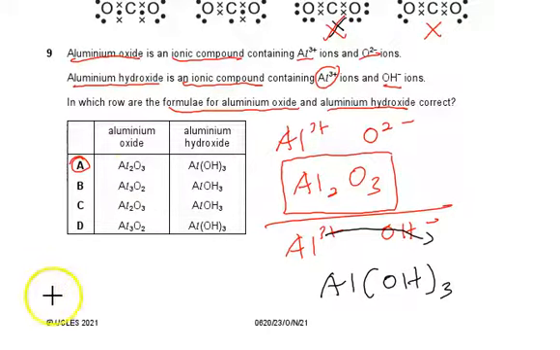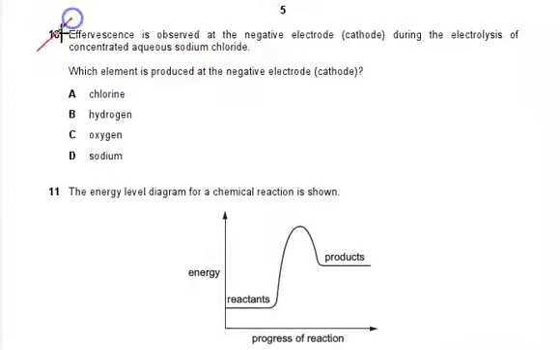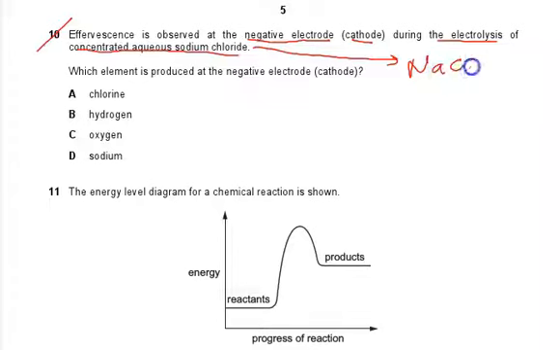Okay, now move on to number 10. Evaporation is observed at the negative electrode, which is the cathode, during the electrolysis of concentrated aqueous sodium chloride. Okay, concentrated aqueous sodium chloride, we have NaCl. Now we list out the ions.